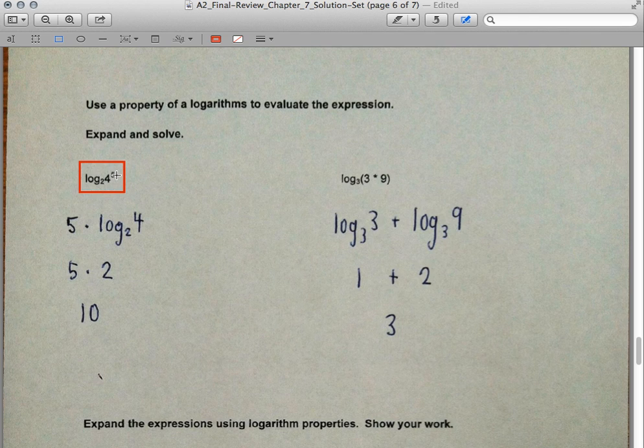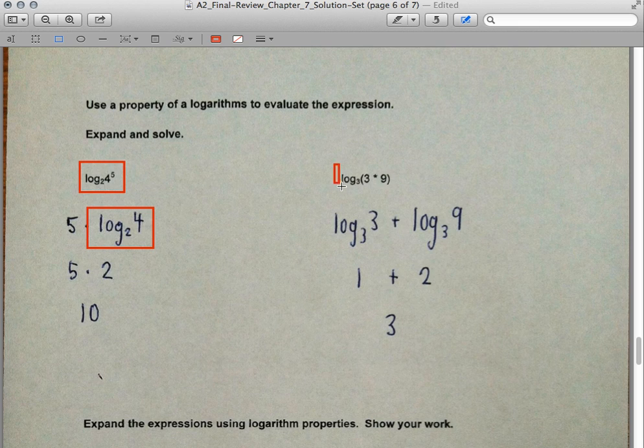Or we learned that there is a pattern recognition involved with this type of model, which states that the exponent, in this case 5, can be moved in front of the logarithm expression and treated as a multiplication problem, which states 5 times log base 2 of 4 will result in that same value. In this case, log base 2 of 4 is 2, and 5 times 2 is 10.